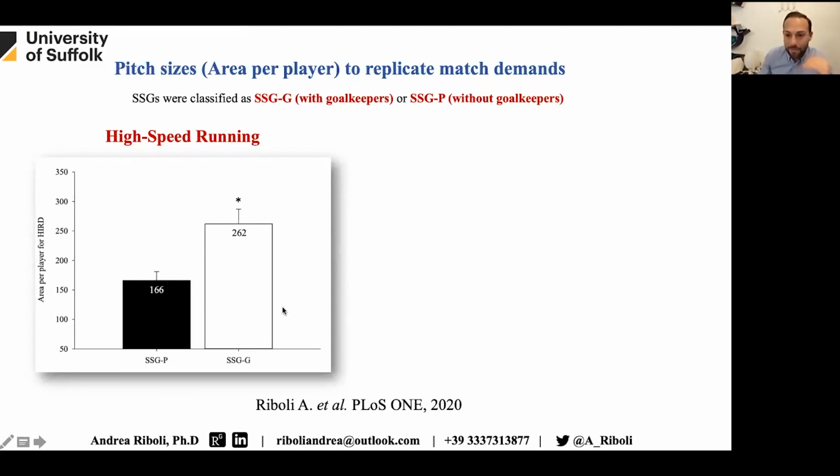The white bar highlights that we need to use about 260 meters square per player to replicate high-speed running using small-sided games with goalkeepers. We found a significantly higher area per player using goalkeepers due to a higher tactical organization that decreased the external load demands and so requires a greater pitch size to replicate match demands using small-sided games.